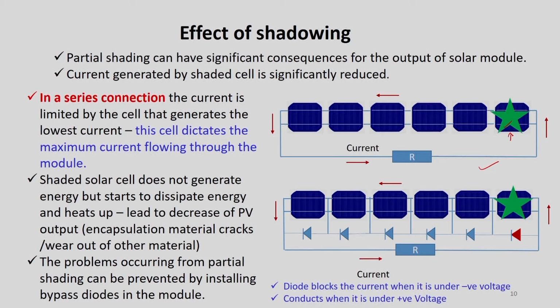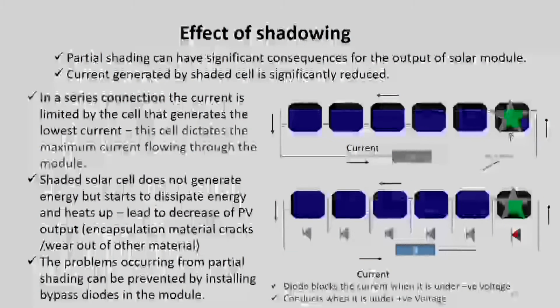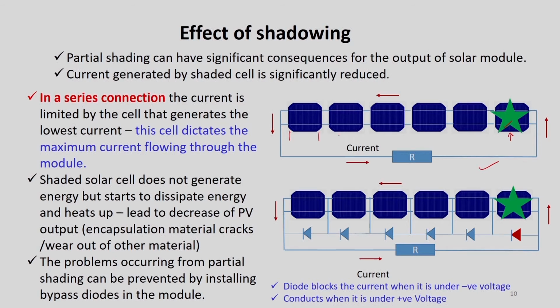If we consider a series connection, the current is limited by the cell that generates the lowest current. So, what happens when it is shadowed? Current generation will be very low in the case of this 6th cell.